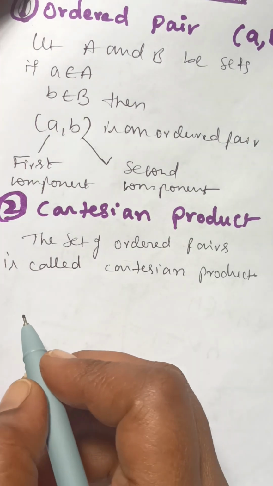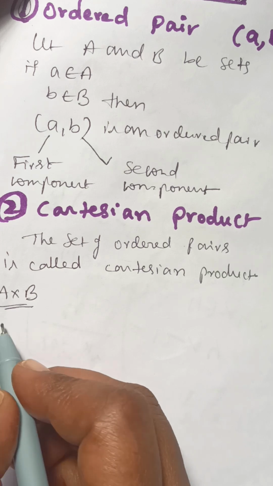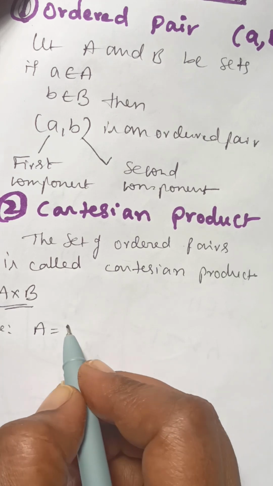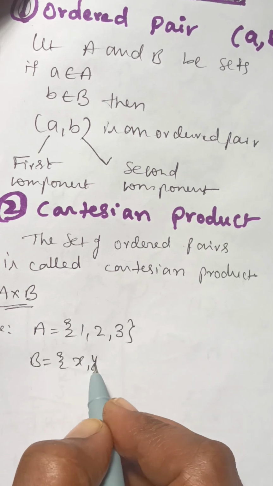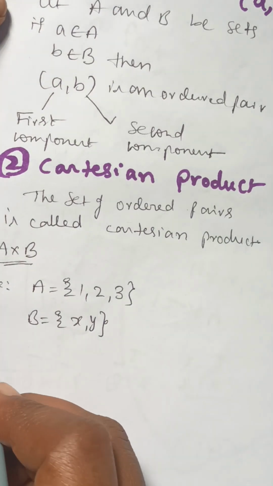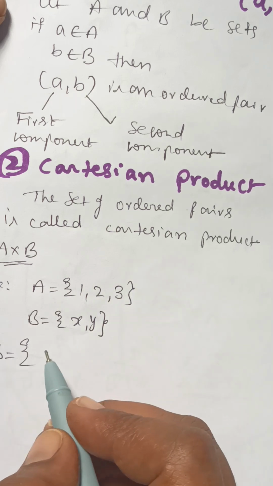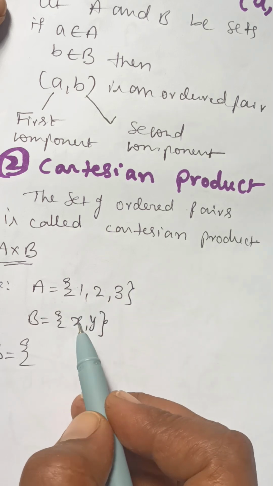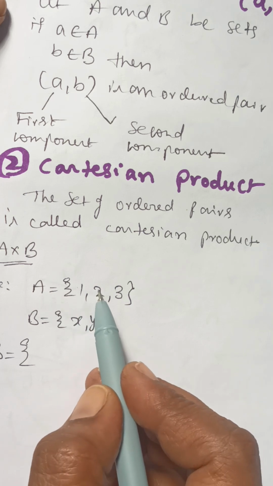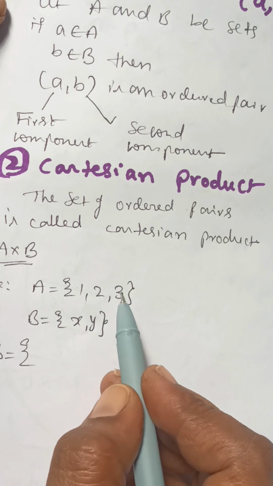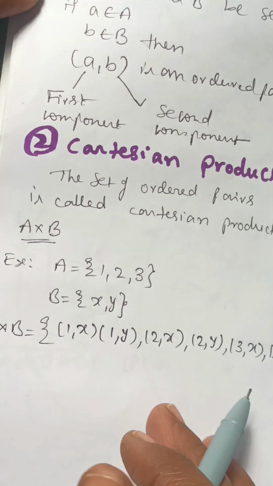It is denoted by A cross B. For example, set A has the elements 1, 2, 3, and set B has two elements, x and y. The Cartesian product of A and B, A cross B, is the set of all ordered pairs: (1, x), (1, y), (2, x), (2, y), (3, x), (3, y).